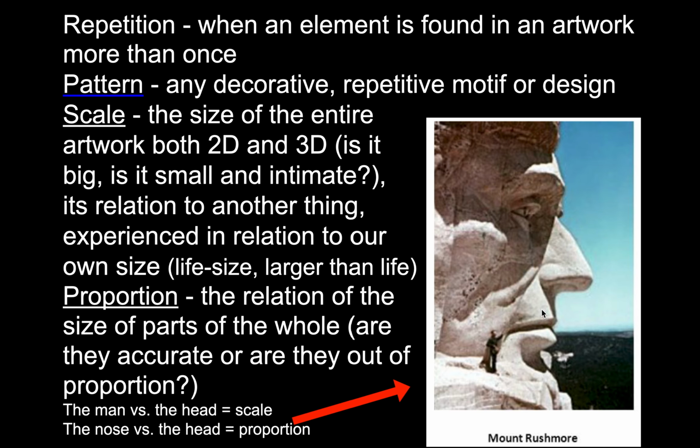Now, one mistake that students often make is when they're looking at something two-dimensional, they go back to that word scale when, say, they are comparing a tree in the foreground. They talk about the scale of the tree in comparison to, say, the scale of a mountain in the background.